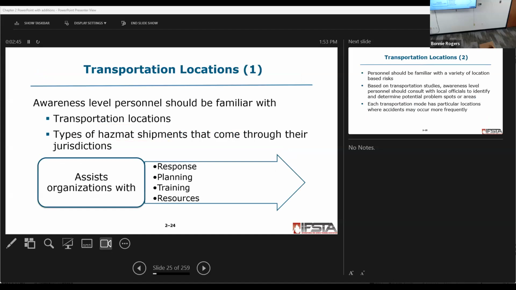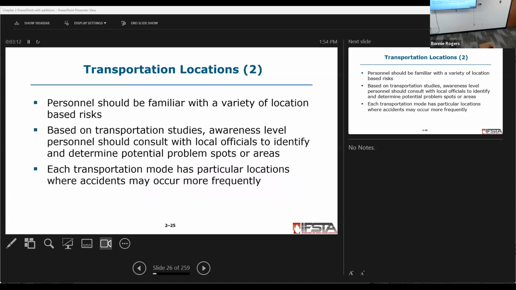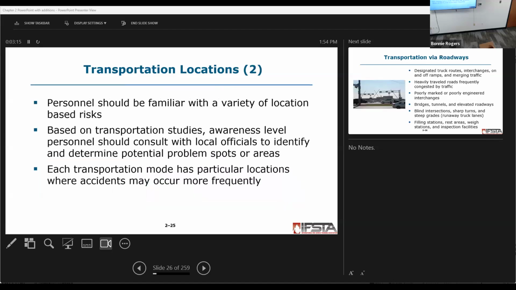We talked about where we're more likely to see hazardous materials transported, so probably the interstate. Each mode has particular locations.